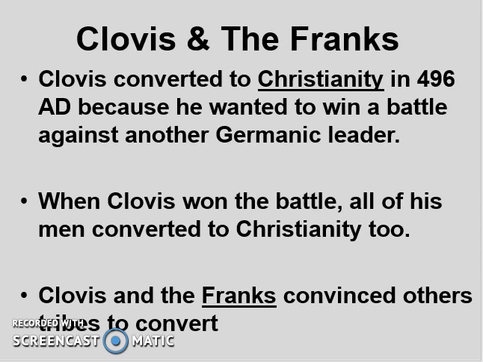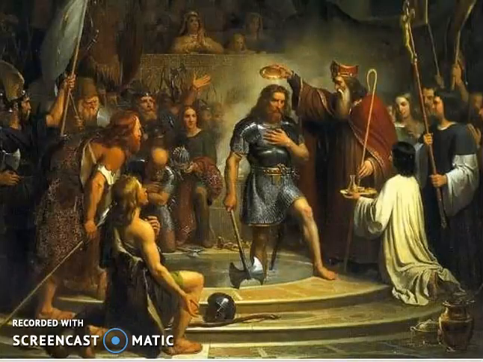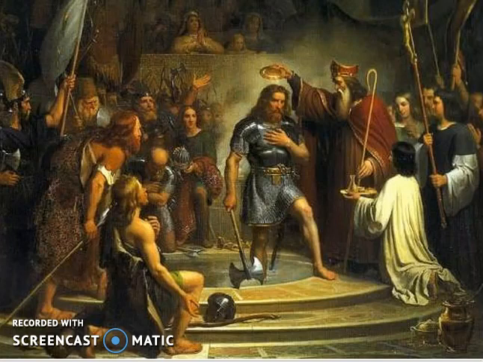When Clovis won the battle, all of his men converted to Christianity too, because Clovis believed that the fact that he had converted to Christianity is the reason that he won this very important battle. Clovis and the Franks convinced other tribes to convert, and so Christianity spread more quickly in this region, within what becomes the Frankish Empire.